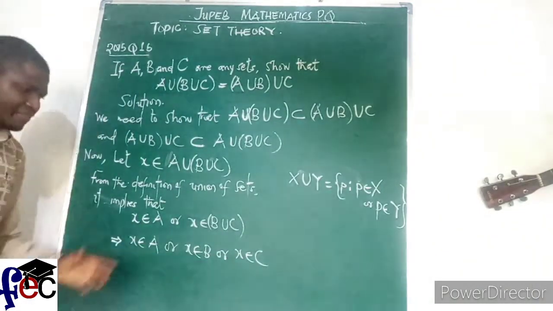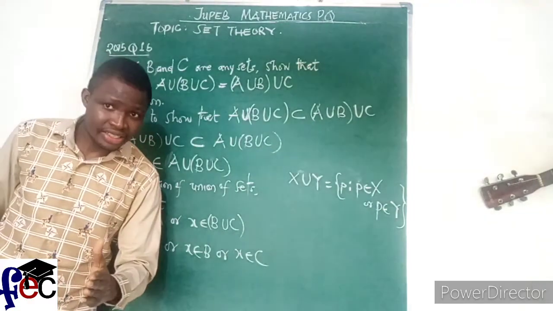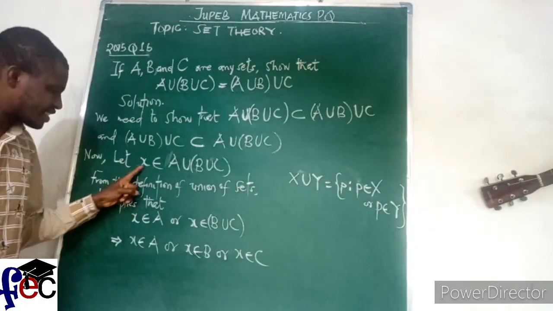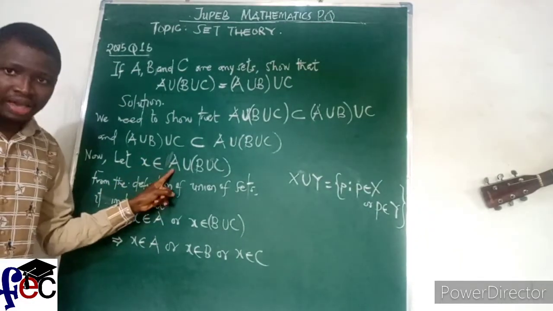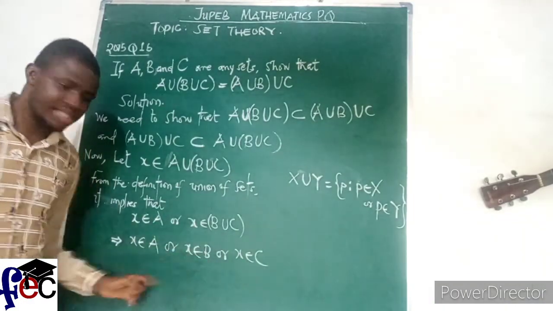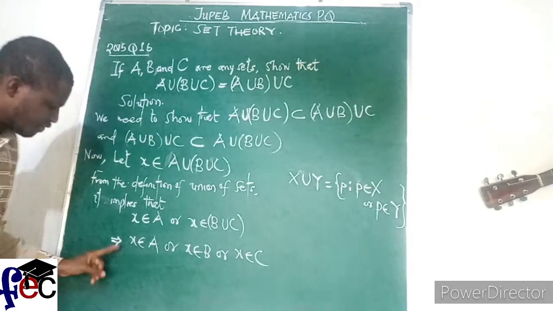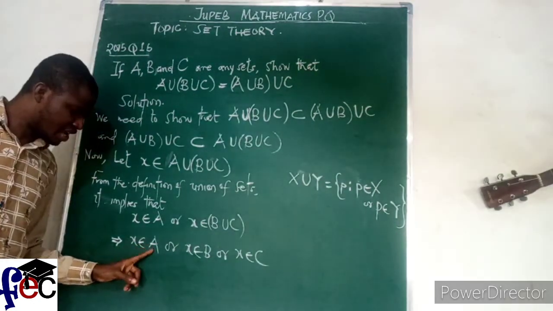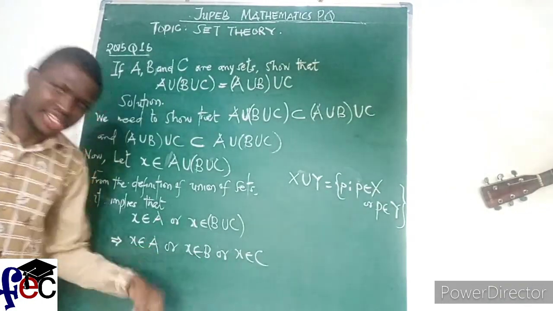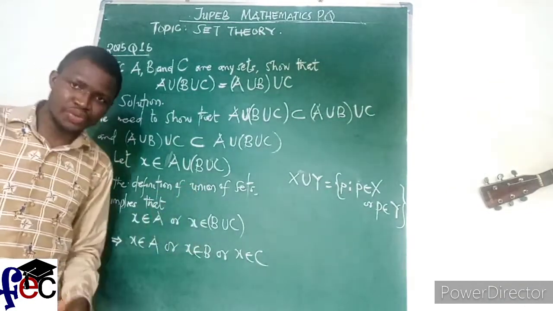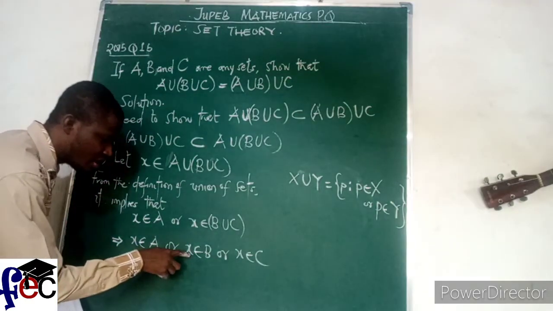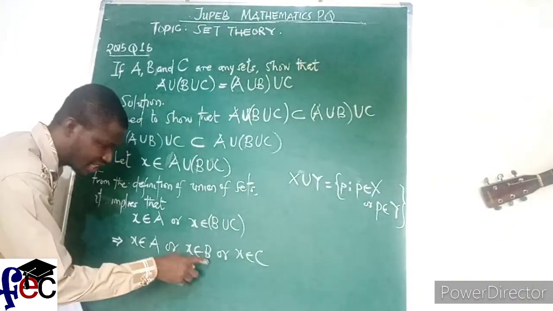Now, I have ended up splitting this statement that X is a member of A or B or C using the definition. My duty now is that from here, if X is a member of A or B or C, can I recombine using the definition of union of two sets? If X is a member of A or X is a member of B, what can I say from here?